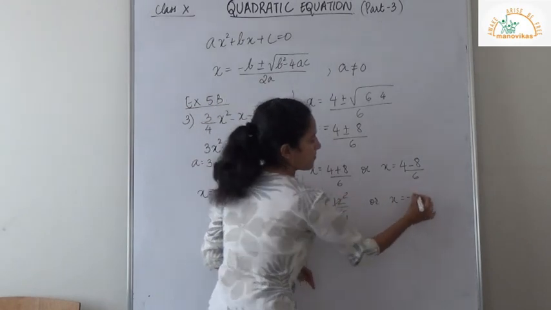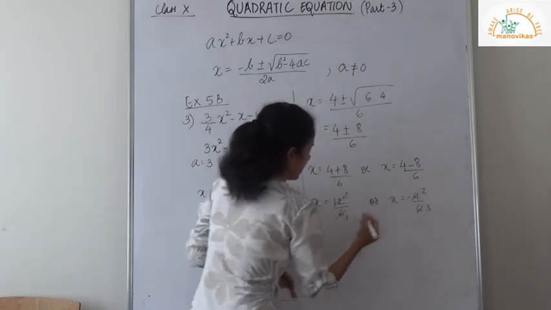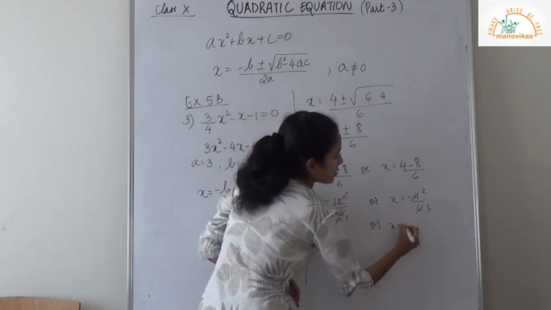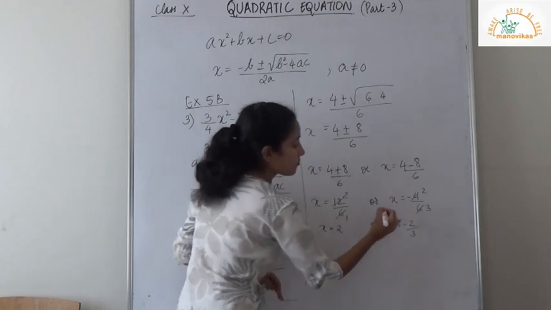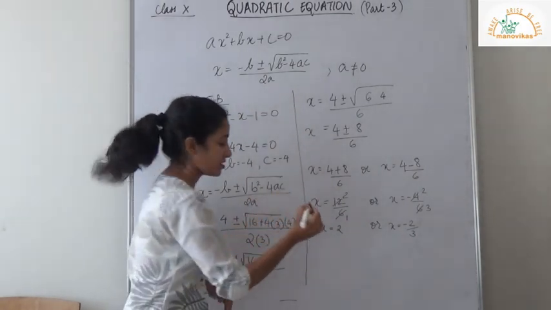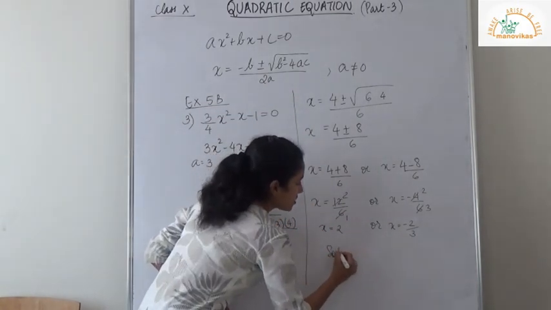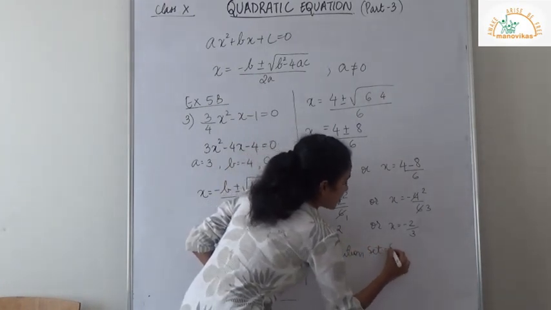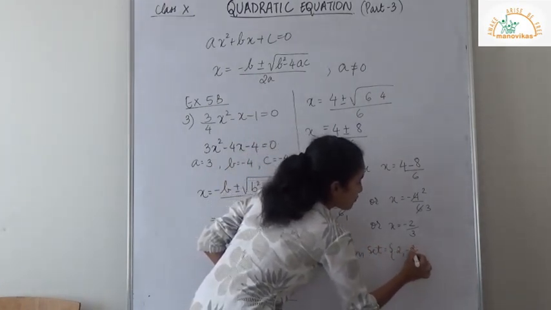Dividing this, I have x is equal to 2 or x is equal to negative 2 by 3. What is the final step? It is the solution set. Therefore, the solution set is equal to 2, negative 2 by 3.